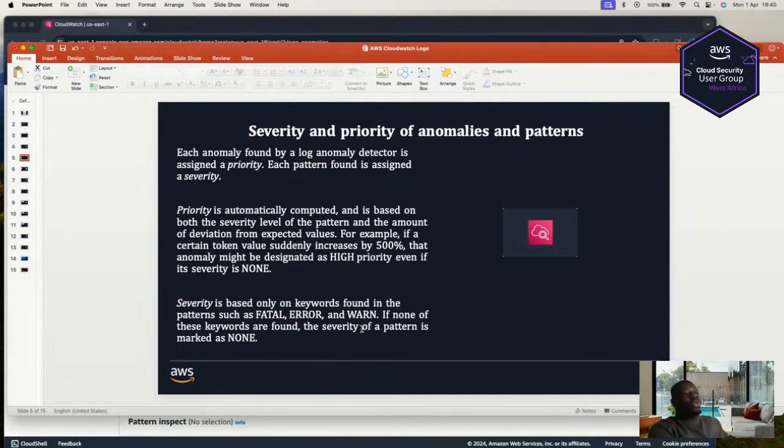So it's possible that you can have a high priority, which talks about a sudden increase in the deviation from the baseline, so that is assigned a high priority. And at the same time, even though it has a high priority, if it doesn't see the words fatal, error, or one in the logs, it's going to assign the severity as none.